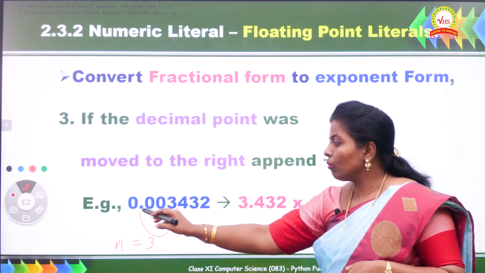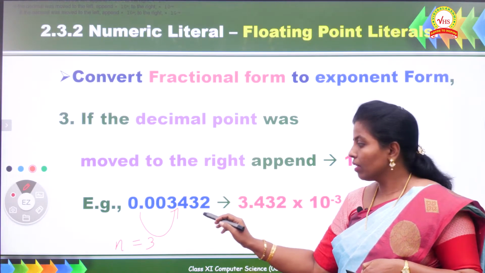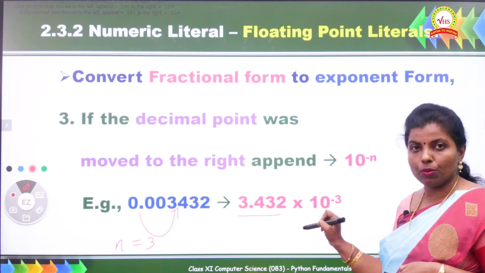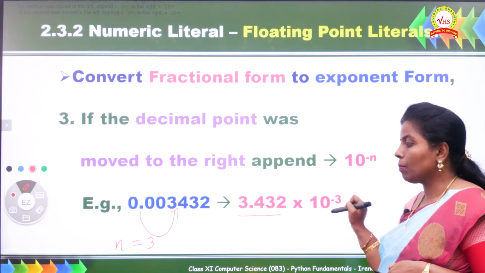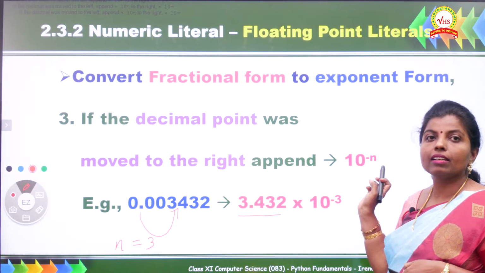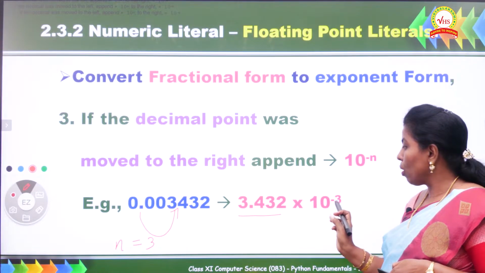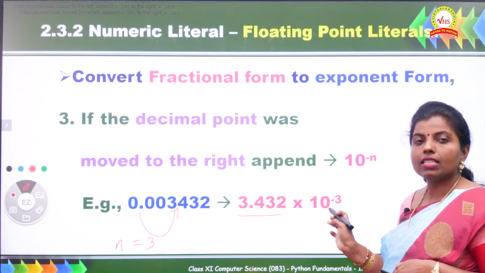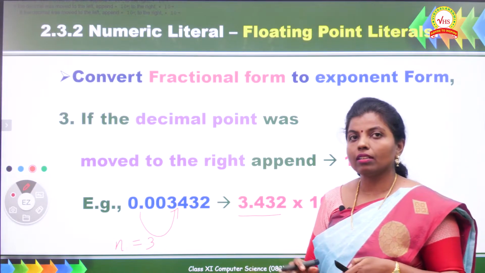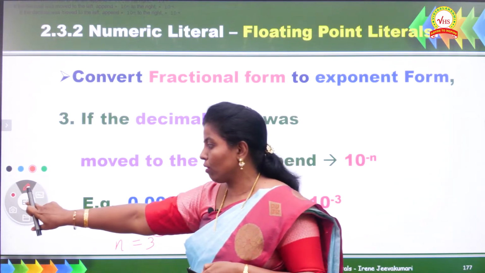So, after moving the decimal point after 3, this will take the form 3.432, then multiplied by 10 power, the value of n is 3. So, I have to represent it as negative. So, I am representing it as 10 power minus 3. This is how we convert the fractional form into exponent form.